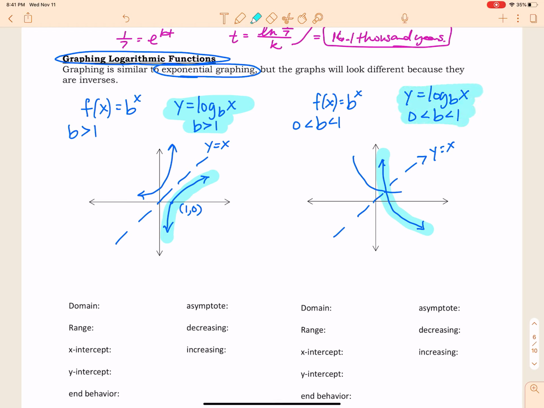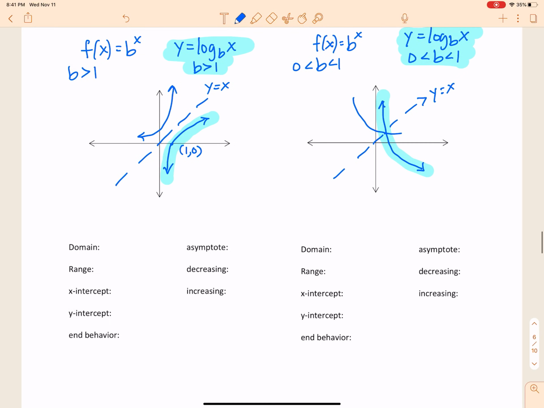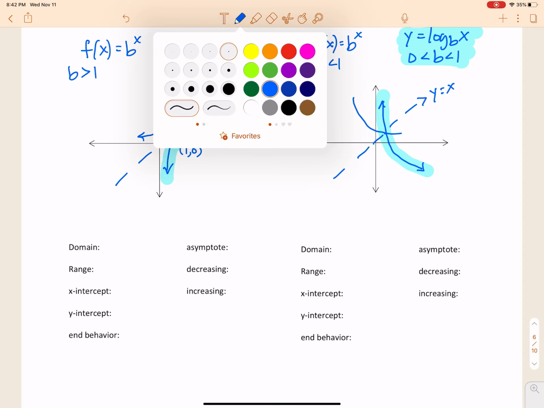All right, so I just showed you the log function with the exponential function so you could see that it's the inverse. That way it'll help you when you get to graphing, you'll remember what they look like. So let's fill in our information here.